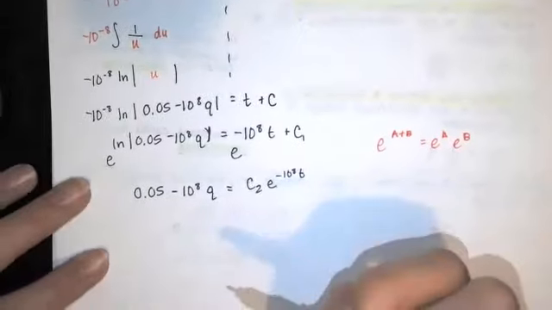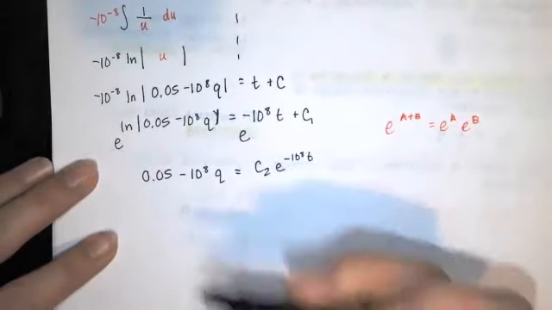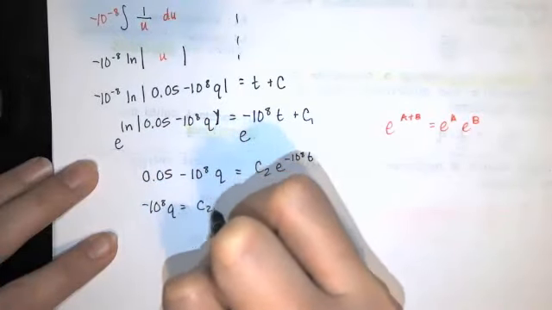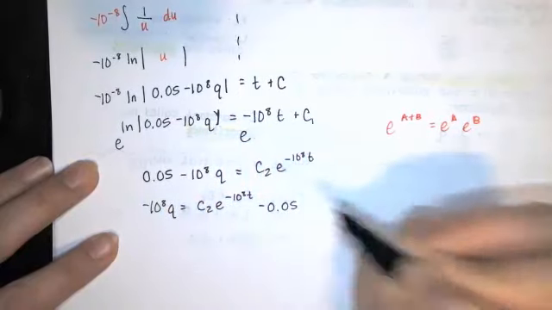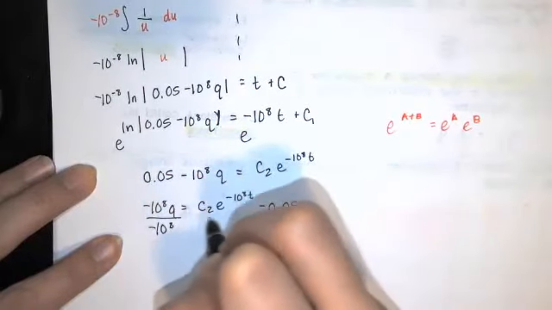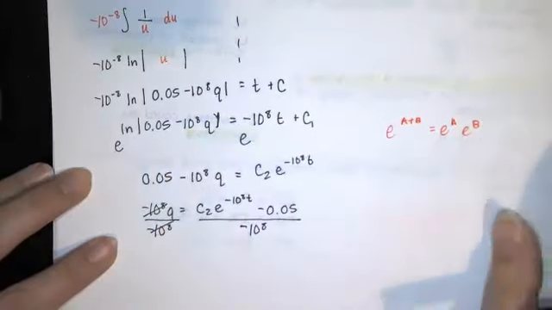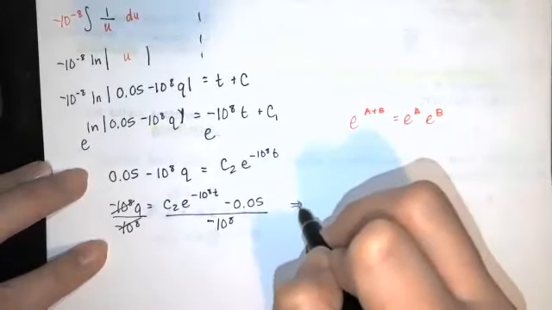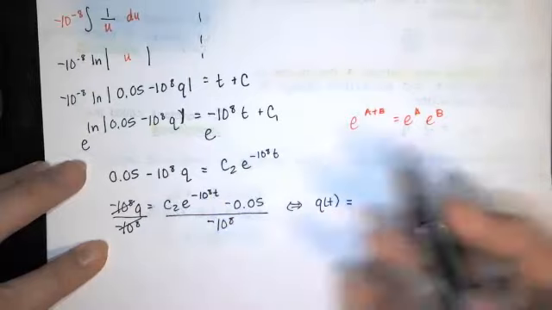And we're trying to get q by itself, so we can subtract the 0.05 from both sides. And then divide both sides by negative 10 to the 8th. And I'll just call this new constant C3.